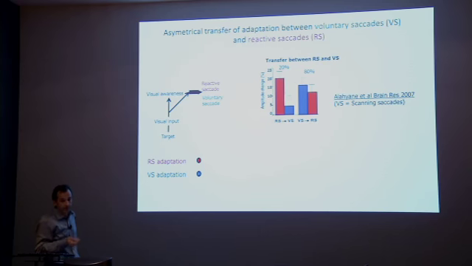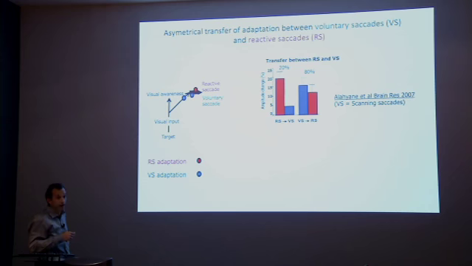So this asymmetrical transfer between reactive saccade and voluntary saccade adaptations led us to suggest that already the saccade type has some importance regarding the locus of adaptation. And we propose that for reactive saccades and for voluntary saccades, we have different sites involved.